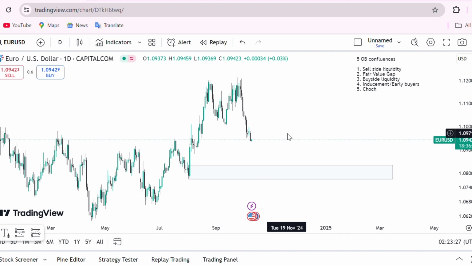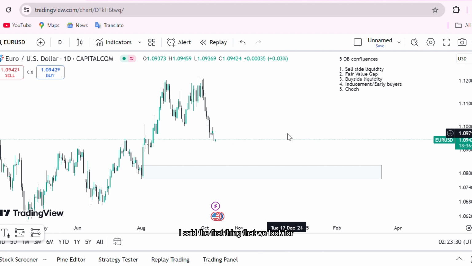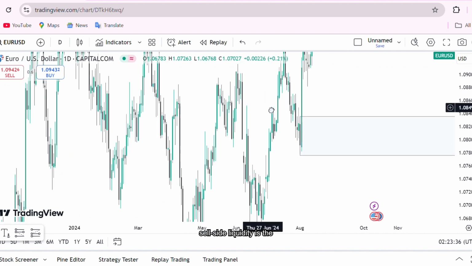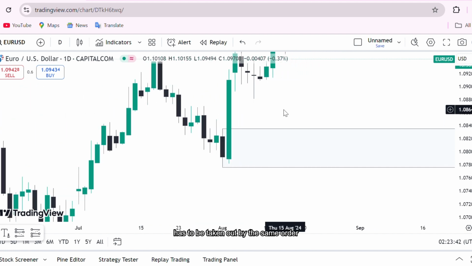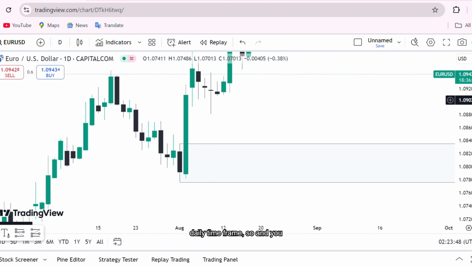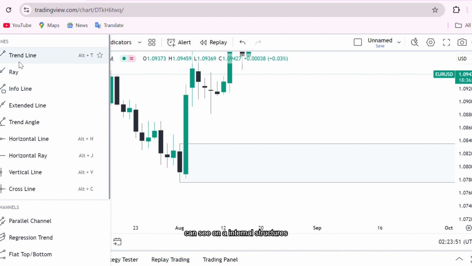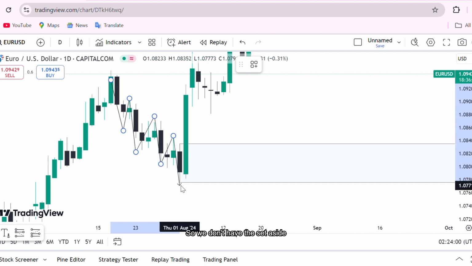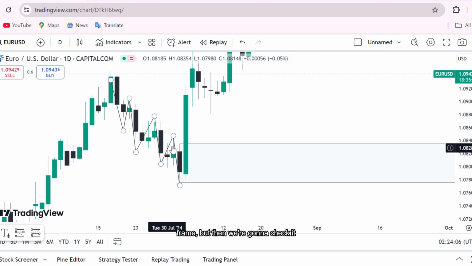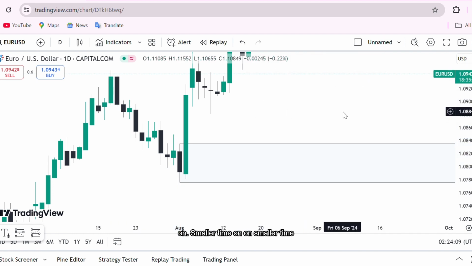Remember, the first thing we look for is the sell side liquidity. The sell side liquidity is the low that was responsible for forming the order block, and it has to be taken out by the same order block, right? But this is a daily time frame, and you can see on internal structures we've been dropping, so we don't have the sell side liquidity in this case, but we're gonna check it on smaller time frames.